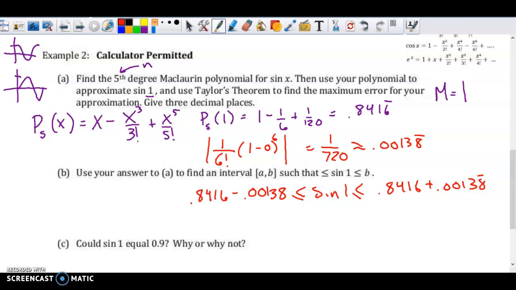You could type that in the calculator, get roughly what it is. And then part C is, could sine of 1 actually be 0.9? And if you type this value in and this value in, you'll see that it's actually not in between.